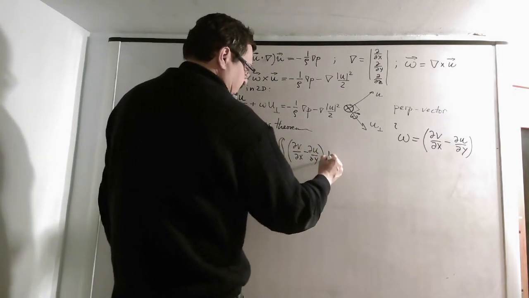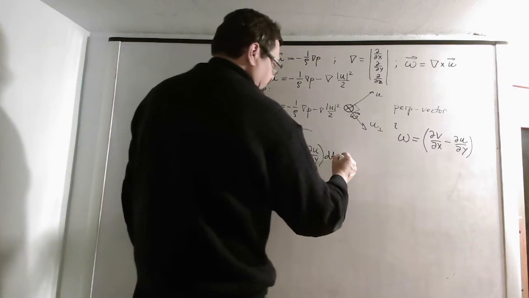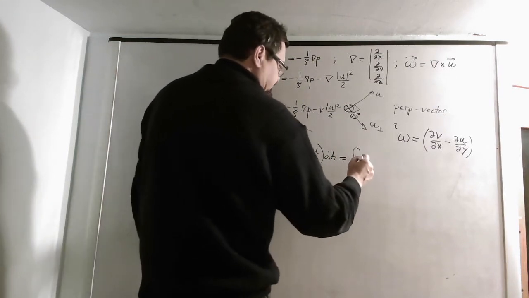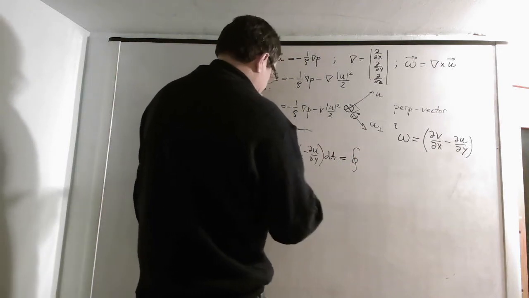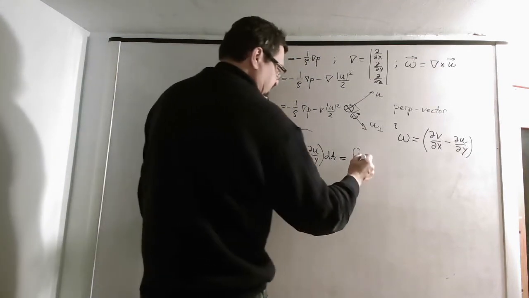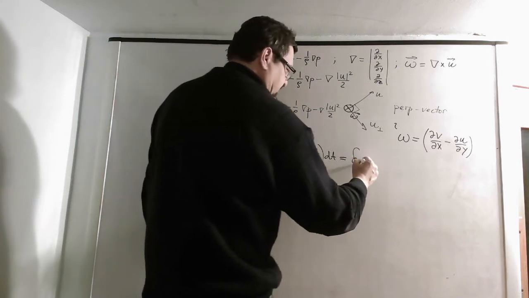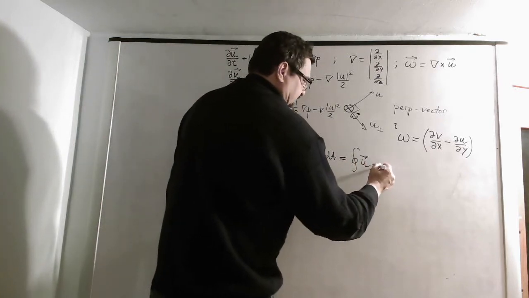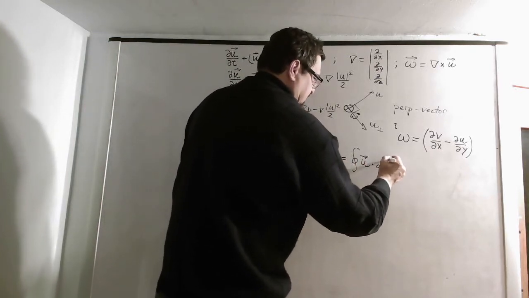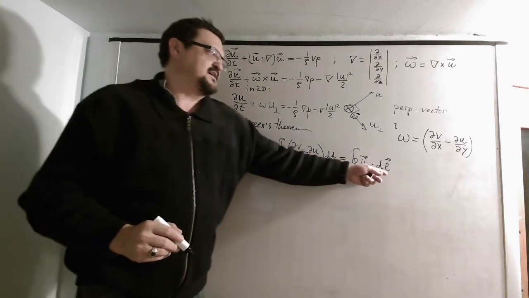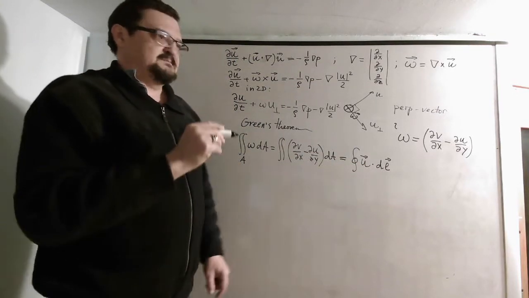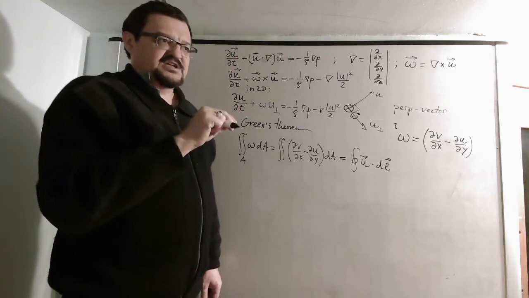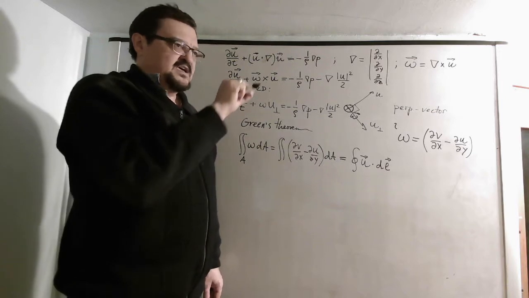According to Green's theorem, it equals the contour integral of the velocity vector dot product with vector L dl, which is a tangential vector along the boundary.